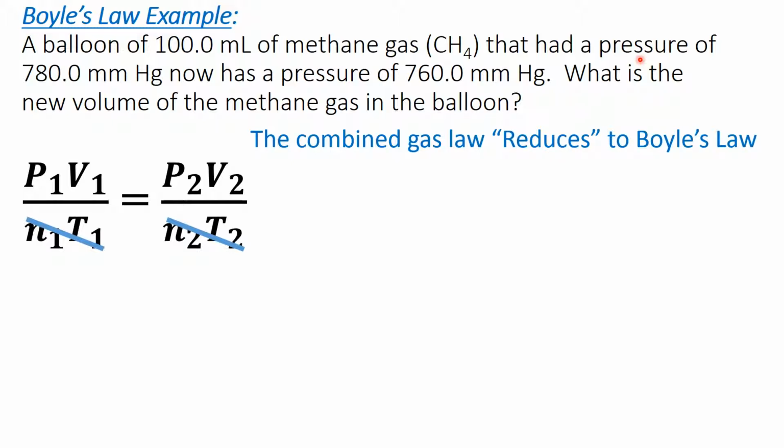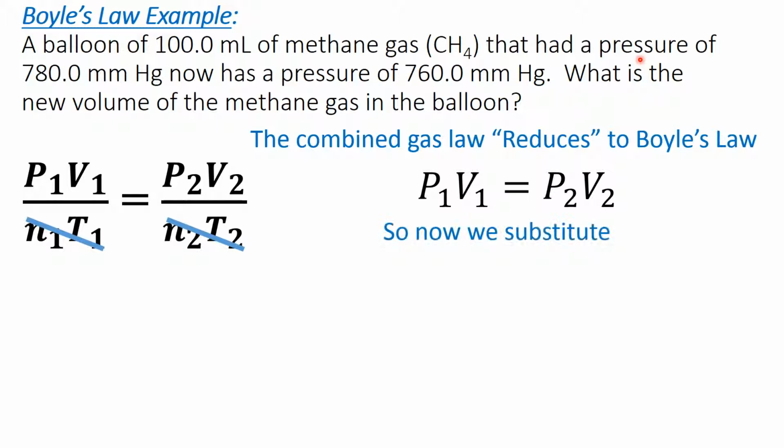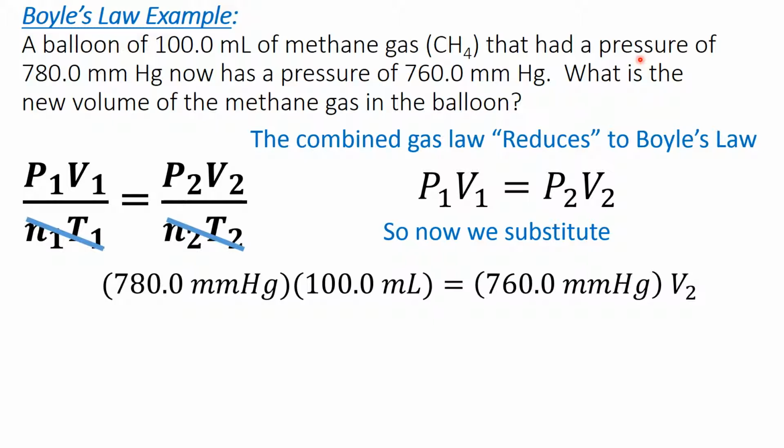That means that the combined law just reduces back to Boyle's original law, which is P1V1 equals P2V2. Now you don't have to rewrite this on your worksheet. Once you've marked those out, you can just begin your substitution right there. I'll show you how to substitute right now.